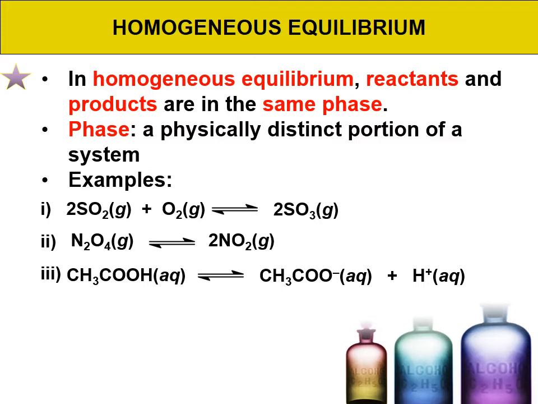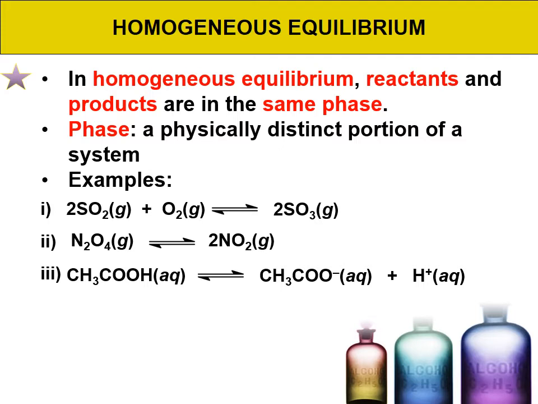The reactants, sulfur dioxide and oxygen, are in gaseous phase, and the product, sulfur trioxide, is also in gaseous phase. So this is a homogeneous equilibrium. The same goes for the second and third chemical equations.